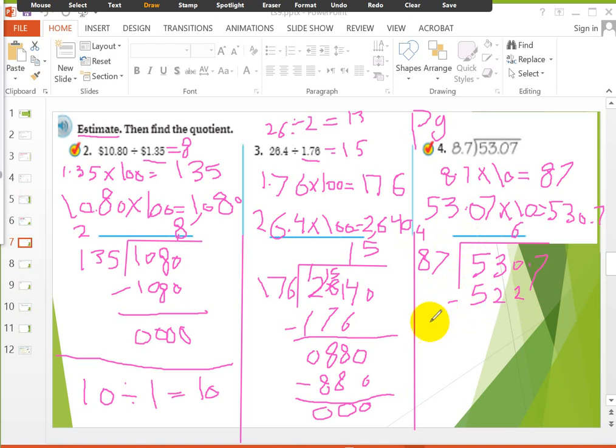Now I will subtract. 0 minus 2 equals what? I have to borrow from the 3, so it will be 2. And this one will be 10. 10 minus 2 equals 8. 2 minus 2 equals 0. 5 minus 5 equals 0. Now I will look, I have a decimal point after that. So what I have to do, I will take it and put it in the quotient.